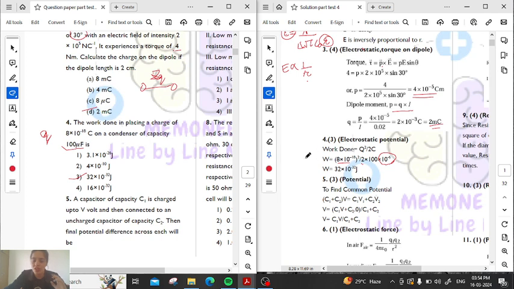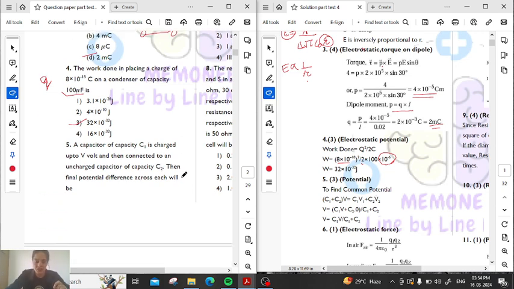Write all formulas on 1 page, 2 pages, or whatever pages it is, and then revise it, and second is practice. So keep the 2 mantras with you. One is note the formulas after knowing the concept. So first write your formulas, second practice, a lot of practice, using the test series, a wonderful test series like this. So let's move to the fifth question.